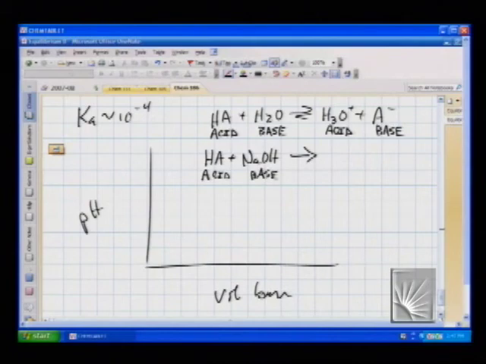What do I get as products? An acid and a base. What are they? Water. And, well, let's see, NaA. One of these has to be an acid, one's a base. Which is the acid? Water. So this must be base. Acid plus a base always makes acid and base.